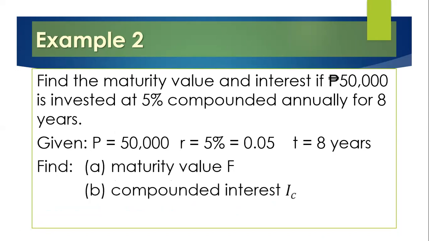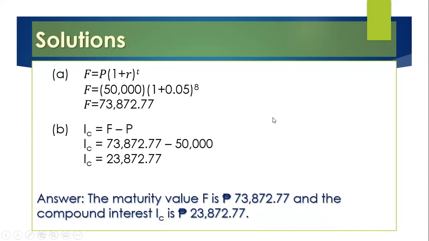So we compute for the maturity value F and B, the interest earned, I sub C. Okay, so formula base again, F is equal to P times 1 plus R raised to T. Substituting the values given, 50,000 multiplied to 1 plus 0.05 raised to the 8th power. So yung 8 is the number of years. Okay, so that is, okay, we have our answer.